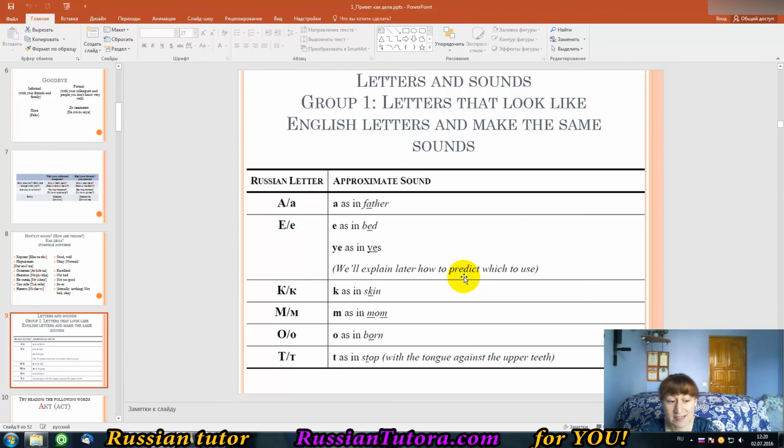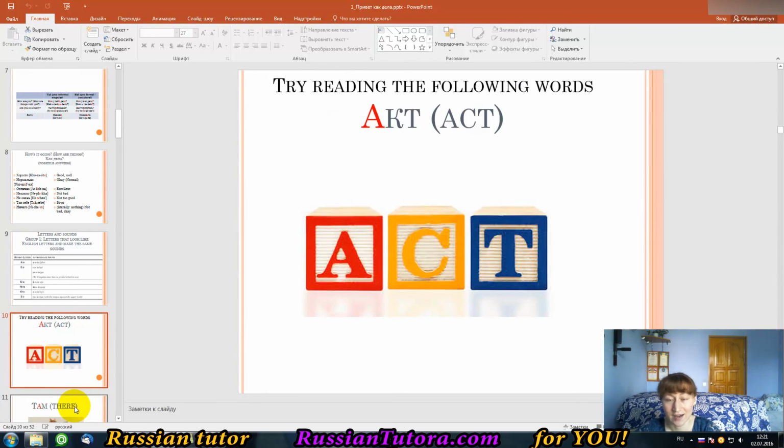Now let's try to read some of the Russian words. I want you to listen attentively and pay attention to the spelling of the word. So listen how it sounds and pay attention to the spelling.